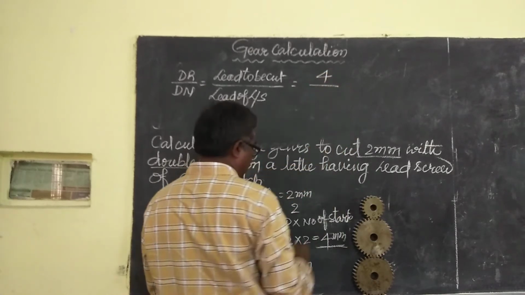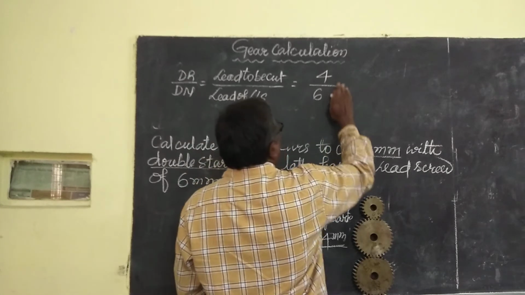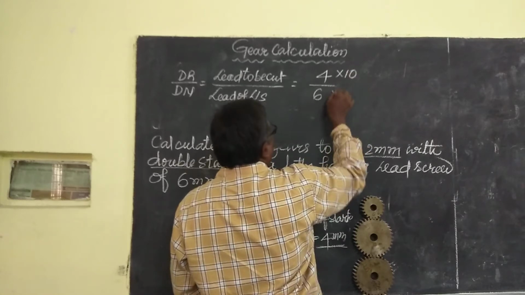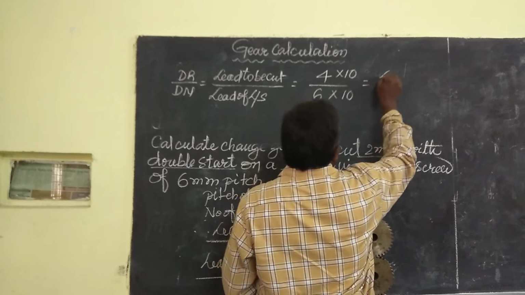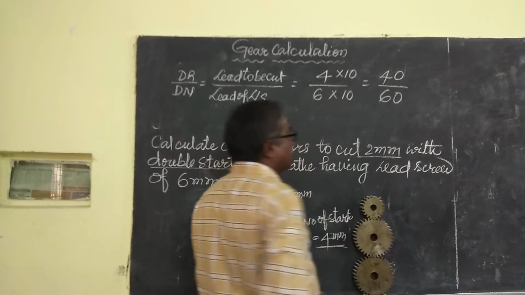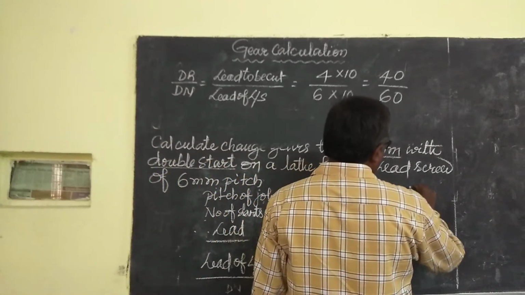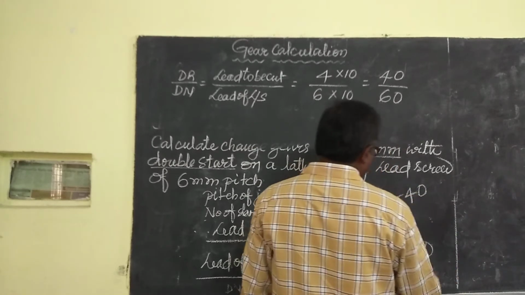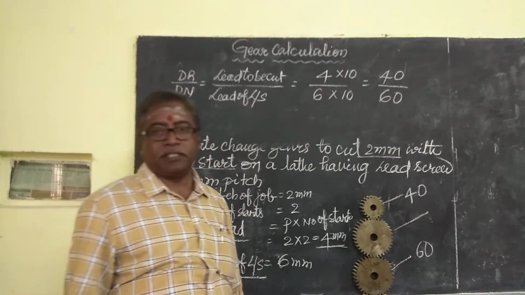What is the lead of lead screw? 6. That is 4 by 6. Teeth not available, so multiply by 10 in the numerator and multiply by 10 in the denominator. Then you will get 40 and 60. In the simple gear train we can give the connection. This will be 40 and this will be 60. The intermediate gear can have any number of teeth.